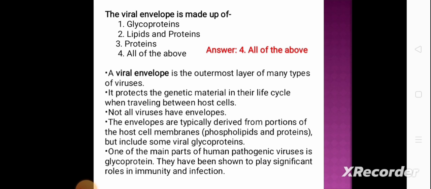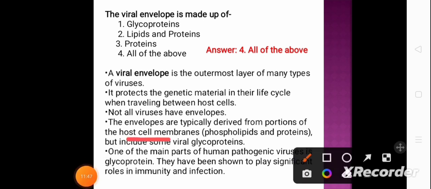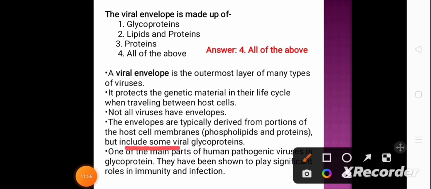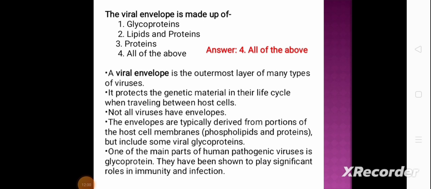It protects the genetic material in the life cycle when traveling between host cells. The envelopes are typically derived from a portion of the host cell membrane, phospholipid and proteins, but some include viral glycoprotein. One of the main parts of human pathogenic viruses is glycoprotein. They have been shown to play significant roles in immunity and infection.